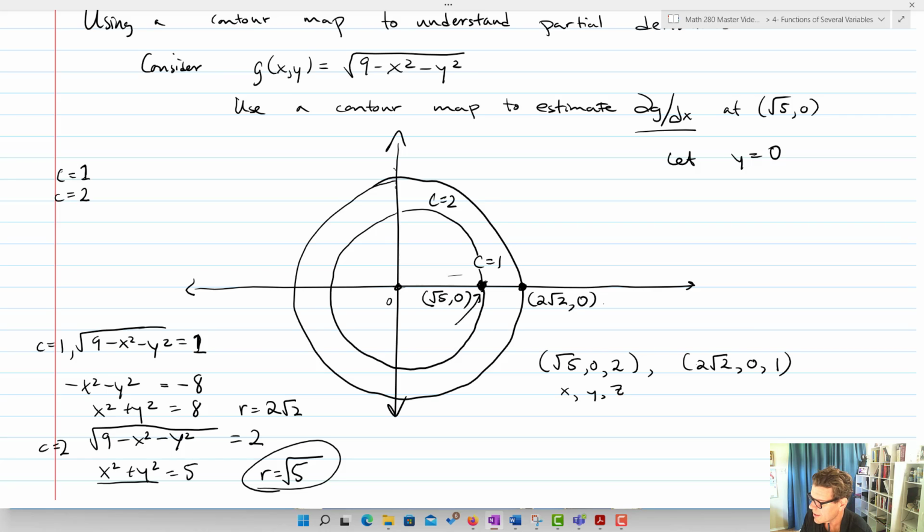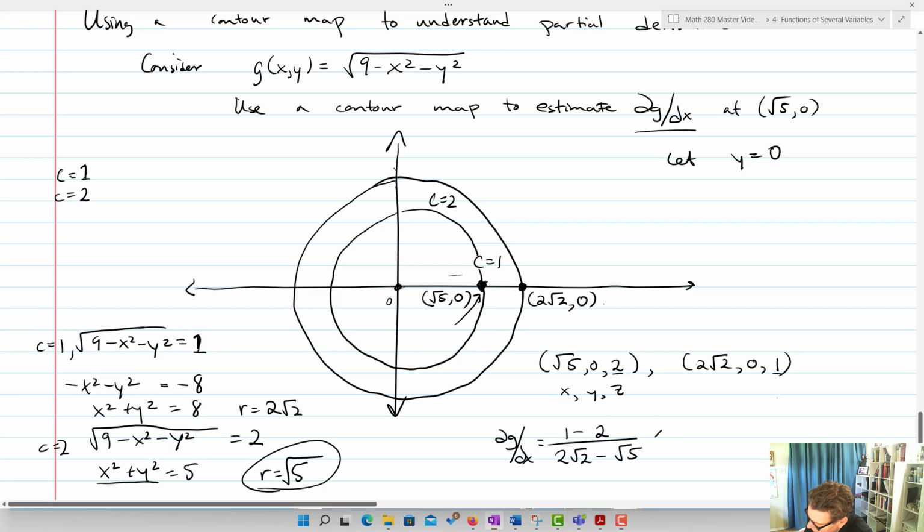Since it's a derivative of z with respect to x, we get 1 minus 2, divided by 2 root 2 minus root 5. This is approximately equal to negative 1.688, and that is our rate of change.